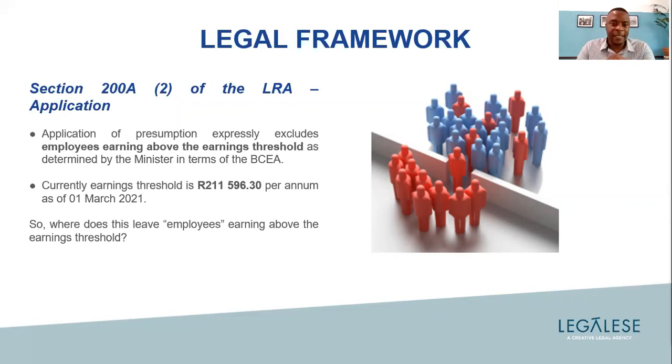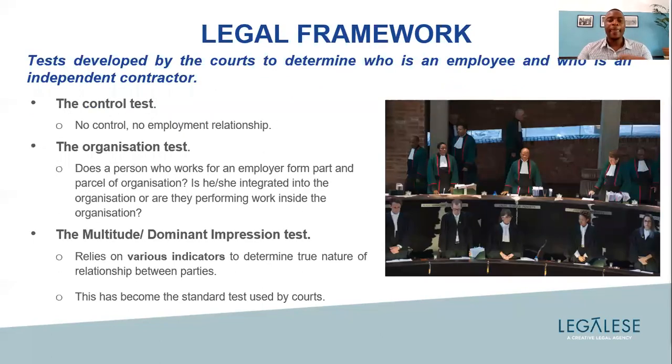So now the question is, where does this leave people who claim to be employees, but earn over the earnings threshold? Well, this takes us to the tests that have been developed by the courts over the years in order to distinguish between an employee and an independent contractor.